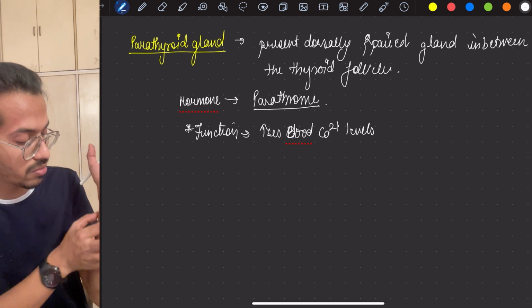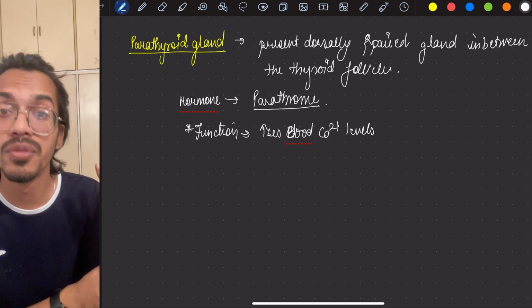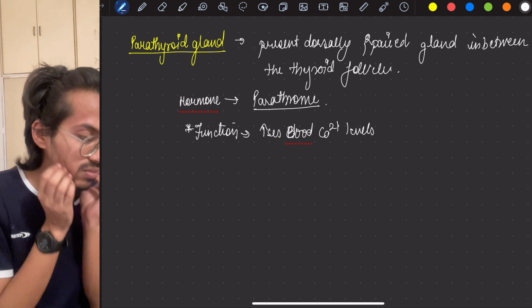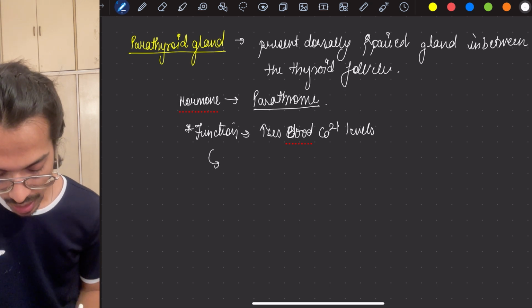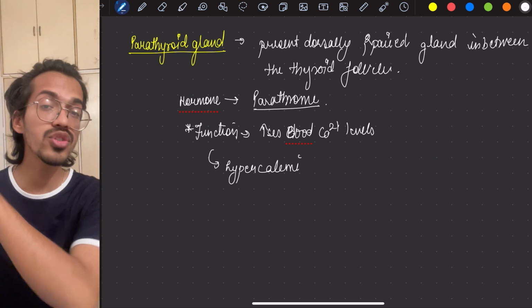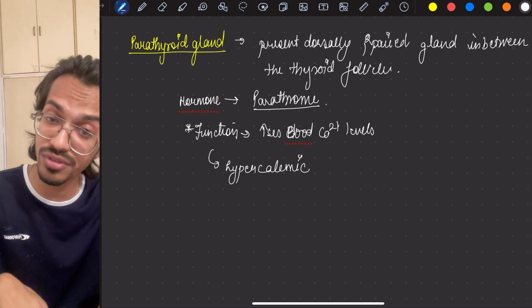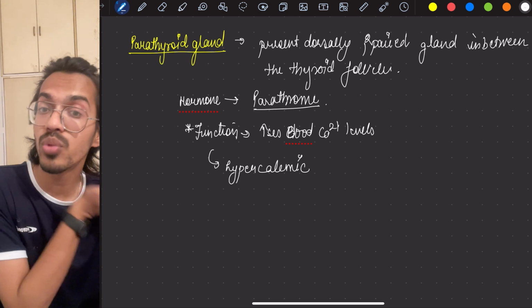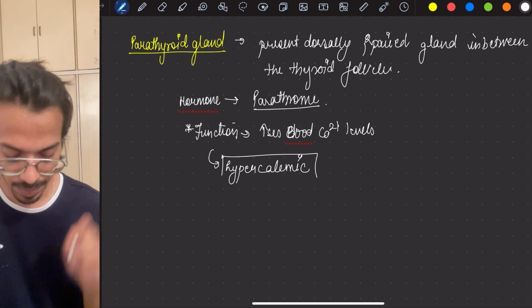Reabsorption means whatever calcium is present in the bone will go into the blood. The bones become fragile and thinner. So these things will happen. So can we say that this hormone is what? Hypercalcemic, whereas the last hormone, TCT, is the opposite of it, antagonistic to this. It is hypocalcemic. Okay, so this is with reference to the blood.